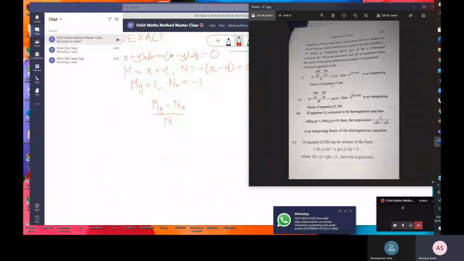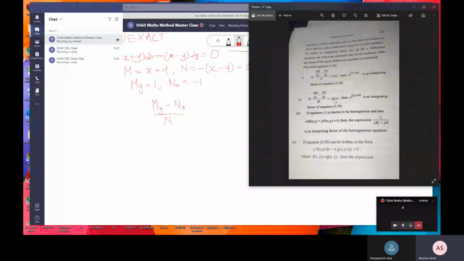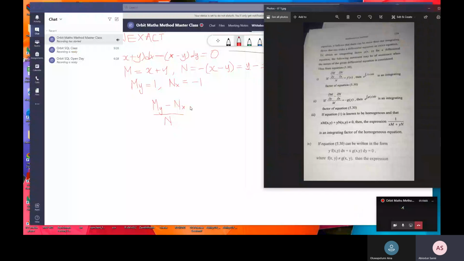According to what we have here, if we check this and it gives us a function of x, then we can use that. But apparently it's not going to give us that, because my minus nx is 2, and 2 over x plus y is never a function of x.